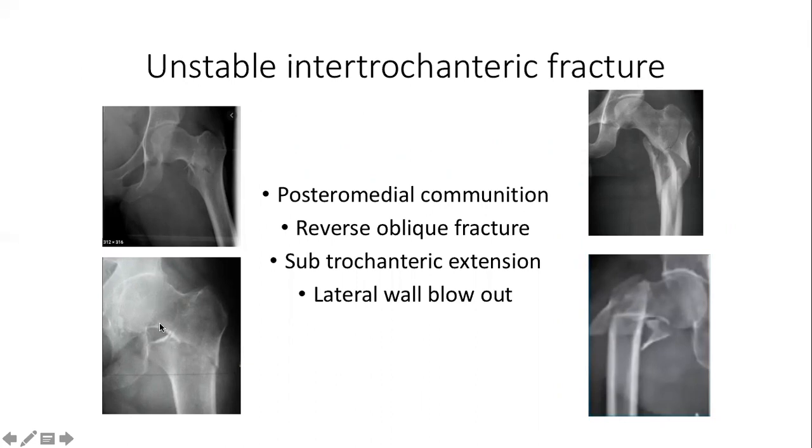If a fracture is of reverse oblique type, it should be considered unstable. If a fracture has significant subtrochanteric extension, it should be considered unstable. And this is of recent interest, we will be discussing it later in detail: if the lateral wall is significantly comminuted, the fracture should also be considered unstable.